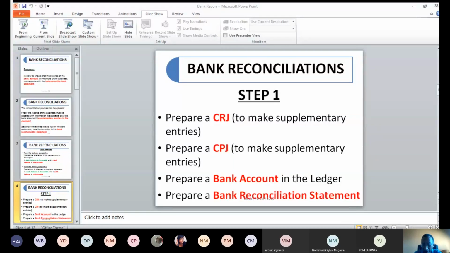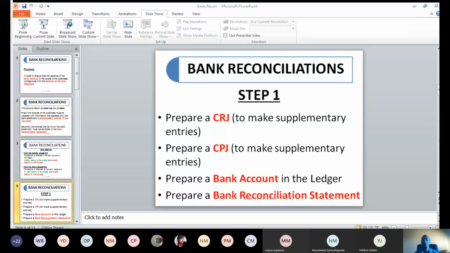Remember, when a customer paid us with a check, we received the check in good faith and recorded it in the cash receipts journal. However, if the bank now informs us that that check has been dishonored, they will not pay the money to us, we must cancel the receipt.